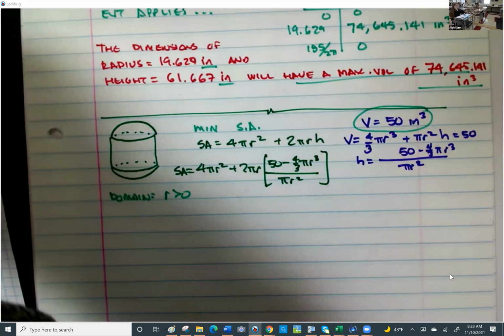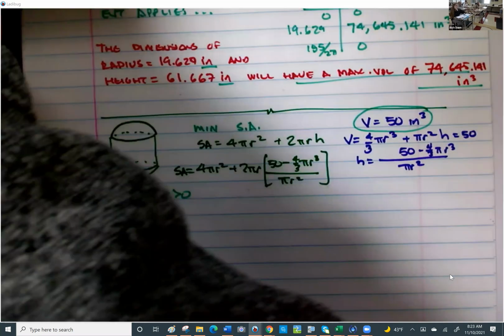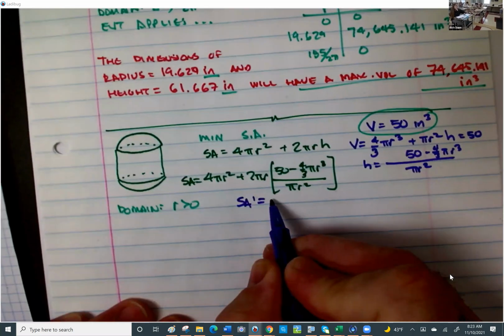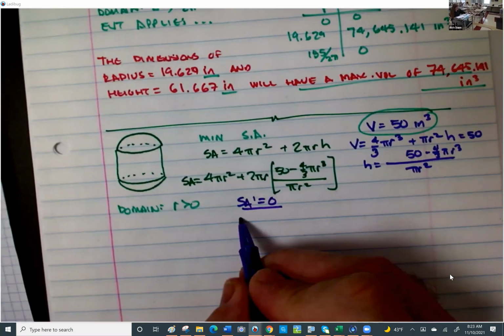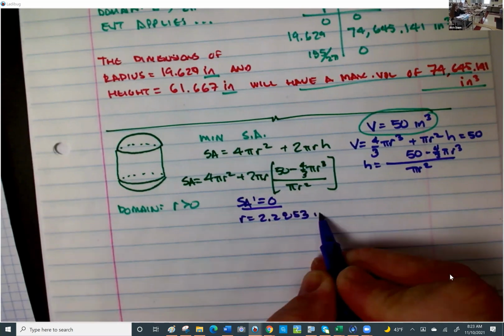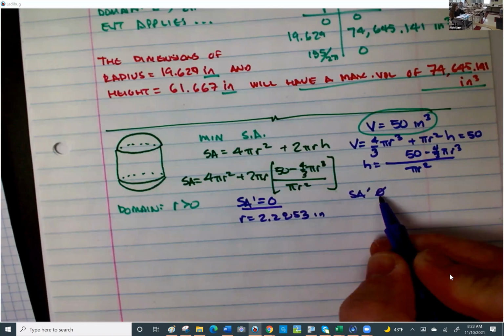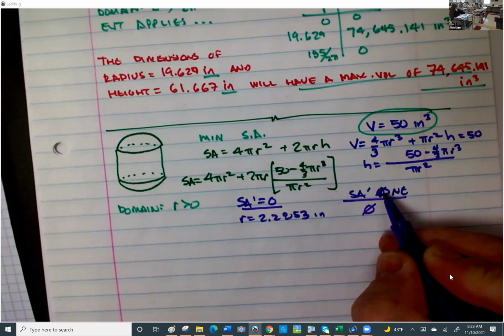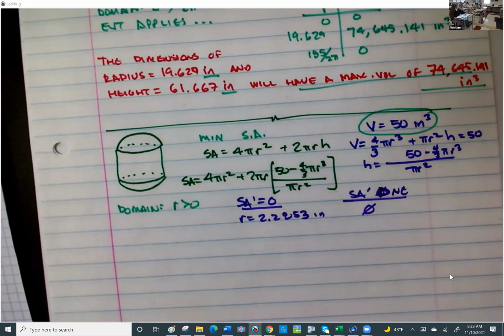Okay, so let's put this down here. Surface area prime equals 0 at r equals 2.2853 inches. Surface area prime does not exist. That's the second time I've done that. Is the null set.